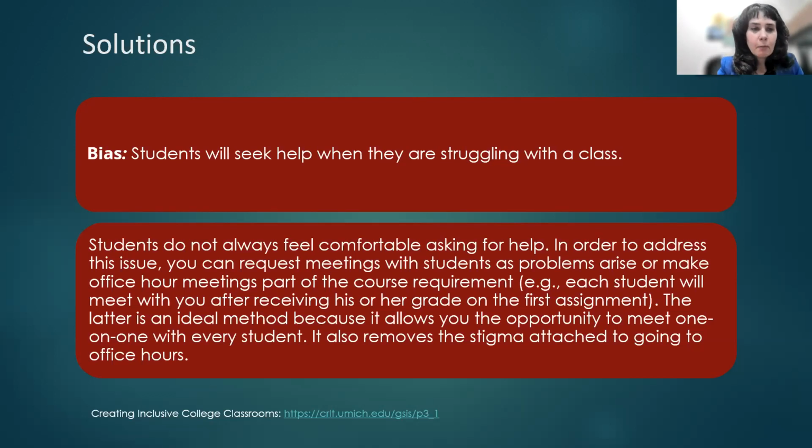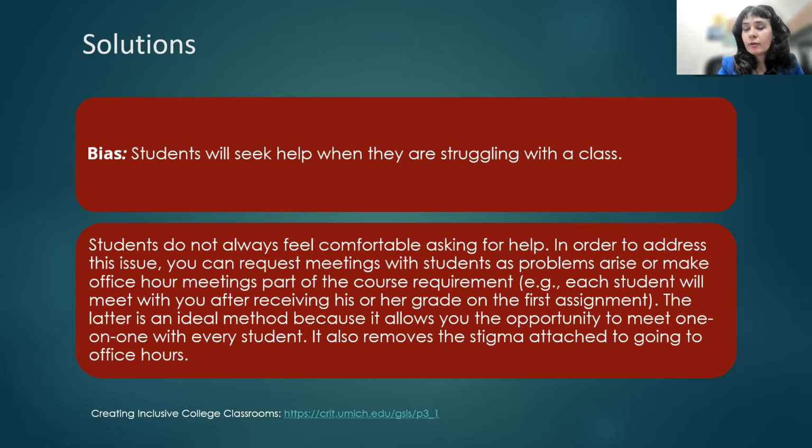For example, that bias from the previous slide, students will seek help when they're struggling with the class. All right, so it's a bias. Students don't always feel comfortable asking for help. In order to address this issue, you can request meetings with your students as problems arise, or even better, make office hours a part of your course requirement.